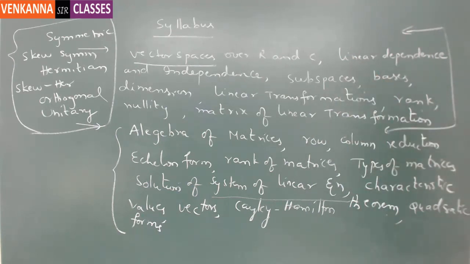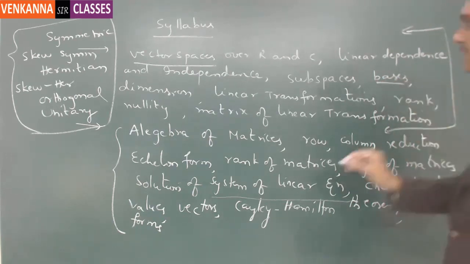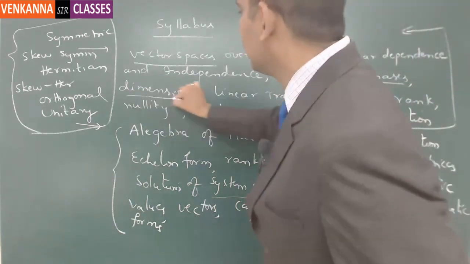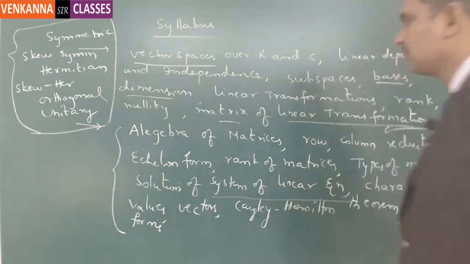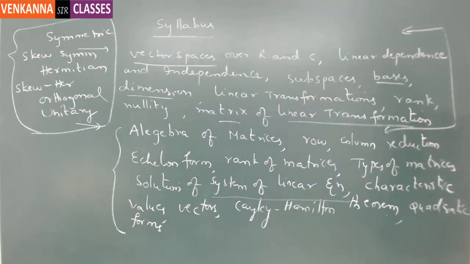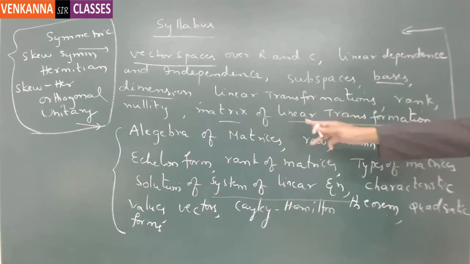The areas you need to concentrate on are basis, dimension, and matrix of linear transformation. If you compare the questions that have come earlier and which portions they were generally framed from, you can take these: basis, dimension, and matrix of linear transformation.